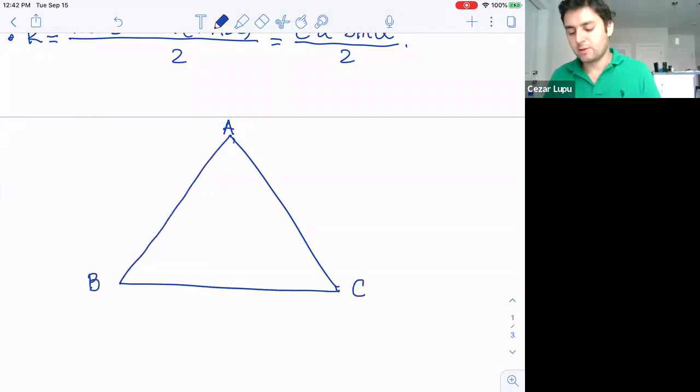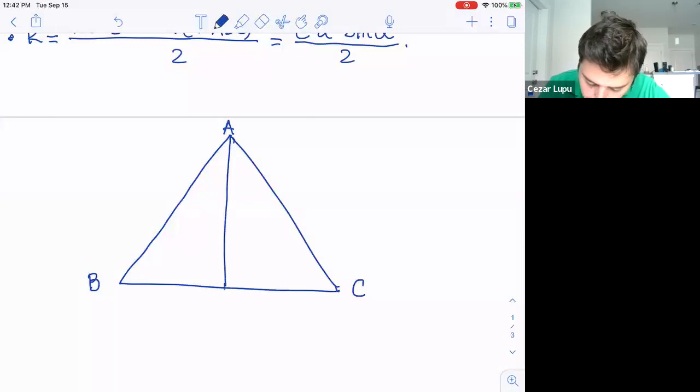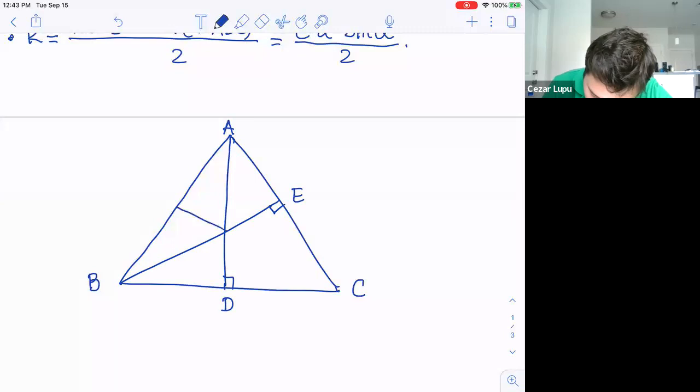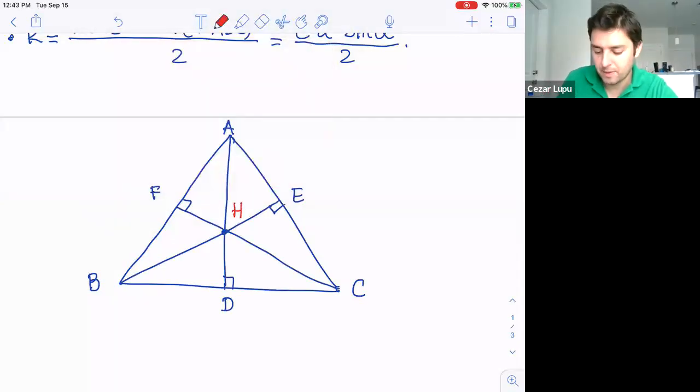All right, so this is a triangle again. Let me say this is D here. Let me draw the altitudes again, E and F. And we said that the intersection point is H, which is the orthocenter.